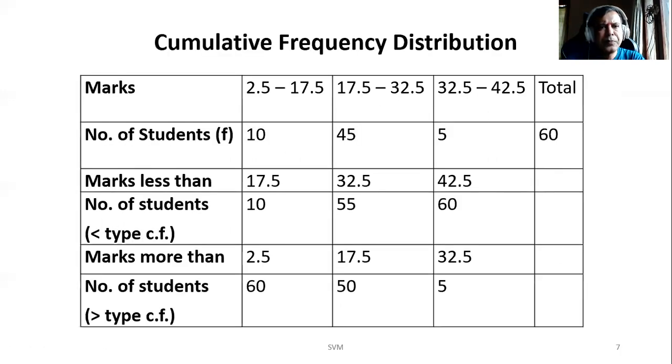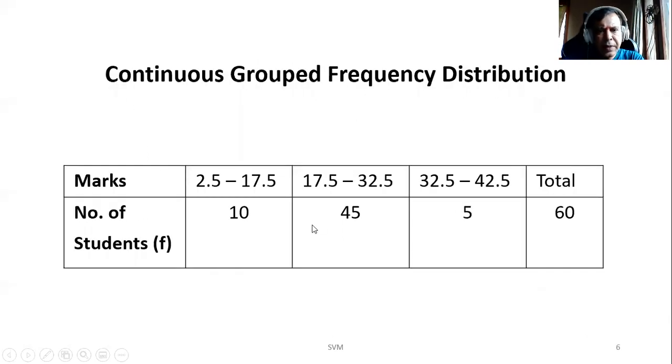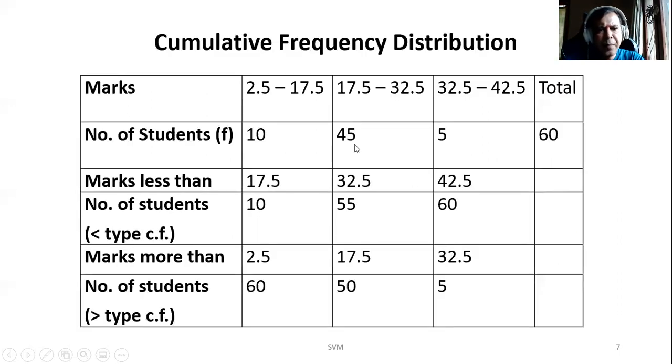Then let us move on to cumulative frequency. I took the same data. The first two rows are the same: 10, 45, 5, 60, and then 2.5 to 17.5 up to 42.5. Now, if I want to know how many students have scored marks less than 17.5, we may notice it is 10 only. How many students have scored marks less than 32.5? This and this should be added to get 55.